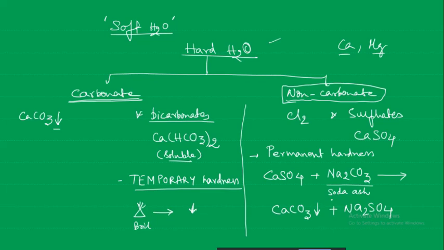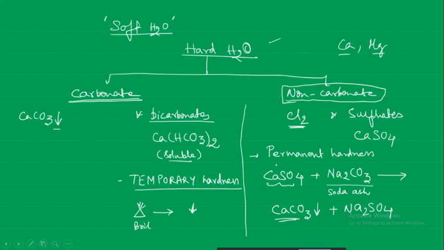So this calcium carbonate already has come out as a precipitate. So if you treat, for example, this is the sulfate form, but we also told that chloride form also may be there.